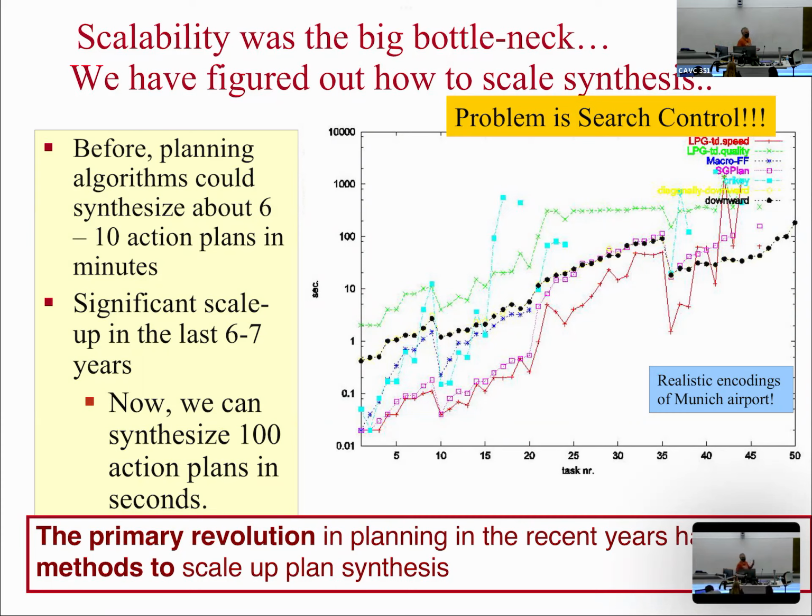Originally, people used to argue progression is better, no, regression is better, no, plan space is better, no, half progression, half regression is better. All this nonsense. Now, essentially, you can just take progression and use good heuristics. That beats most things.